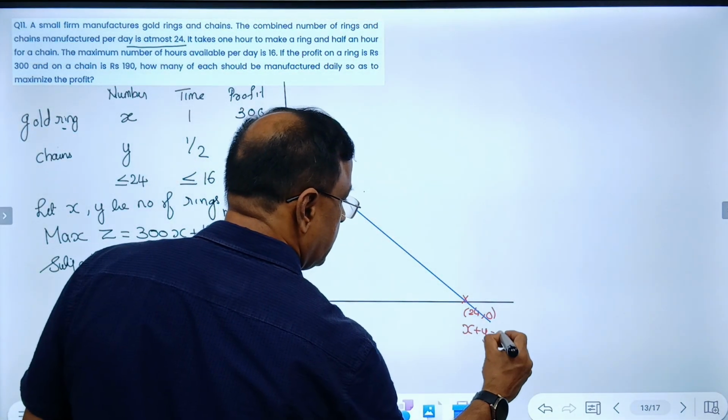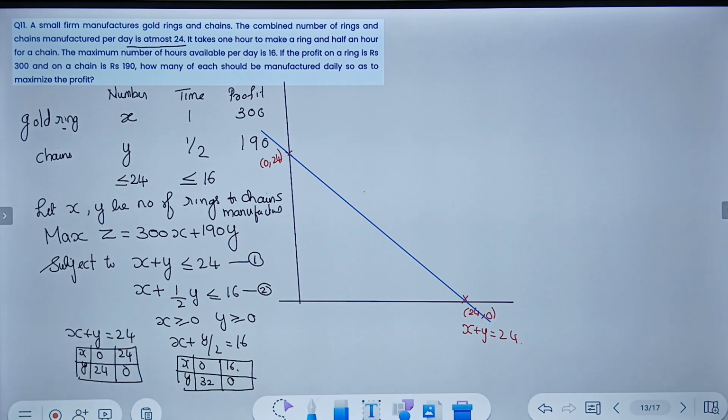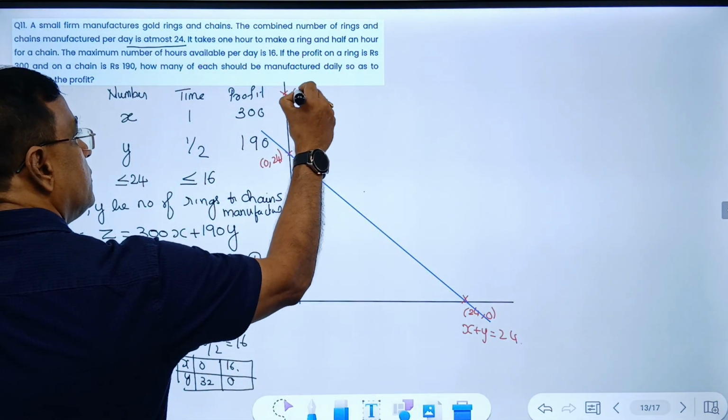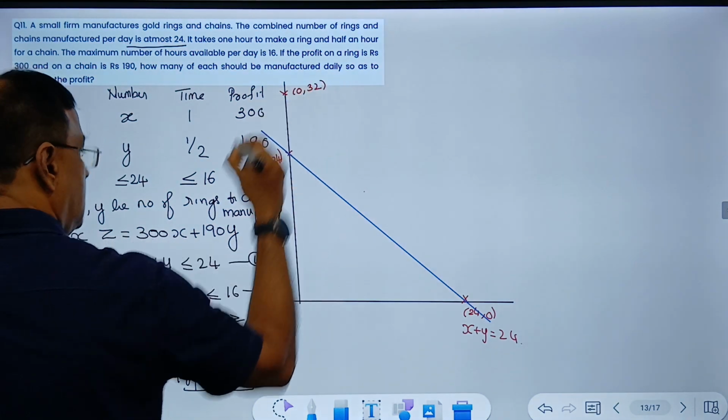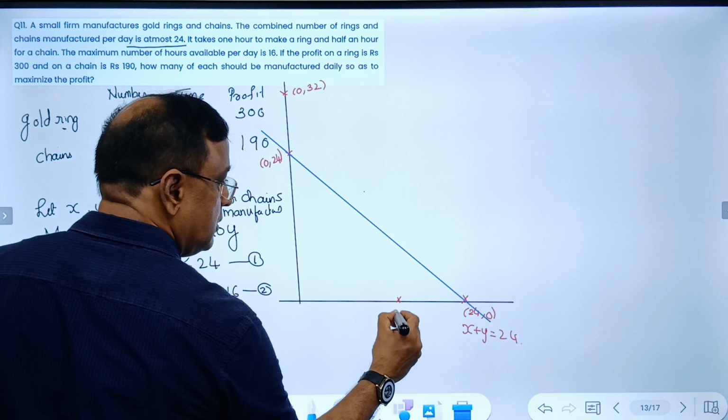What's the next one? It is 0, comma 32, which will be here, and then 16, comma 0 will be somewhere here.